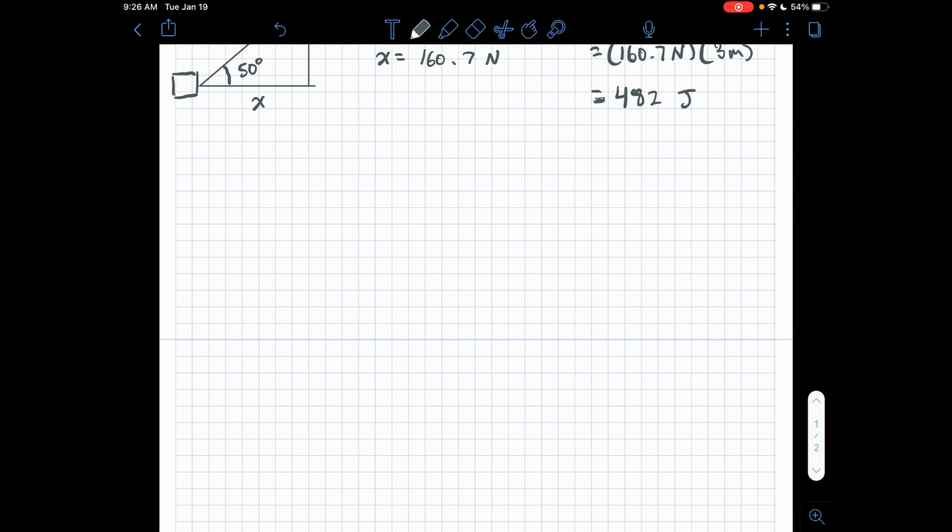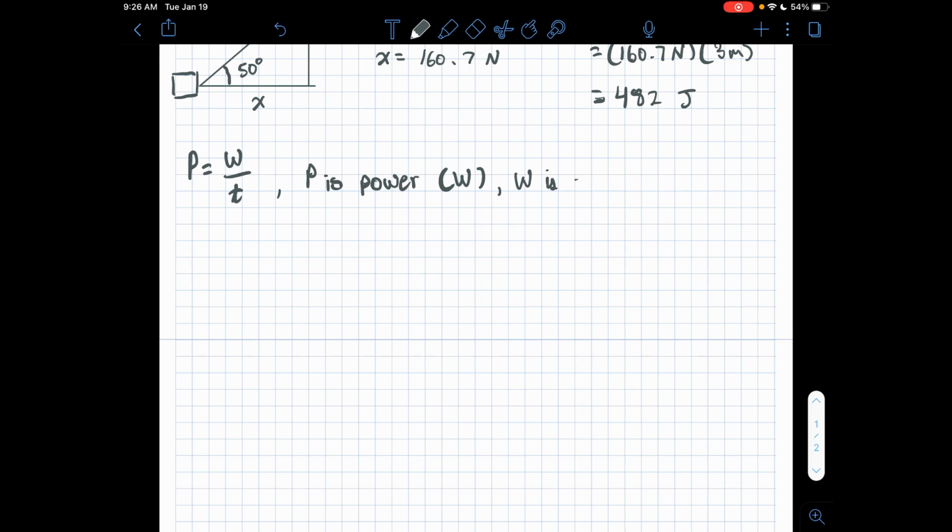Now, power is the rate at which work is being done. And the equation for that is P is equal to W over T, where P is the power, and that is measured in watts, which is just written as a capital W. Remember not to get that mixed up with work.